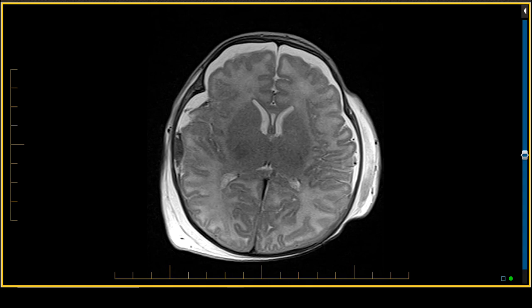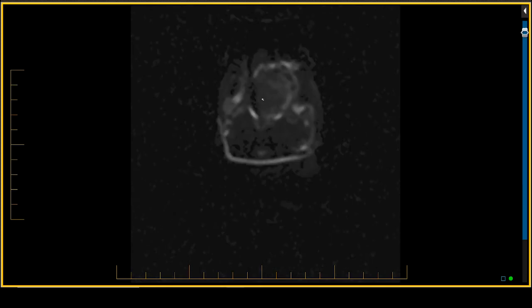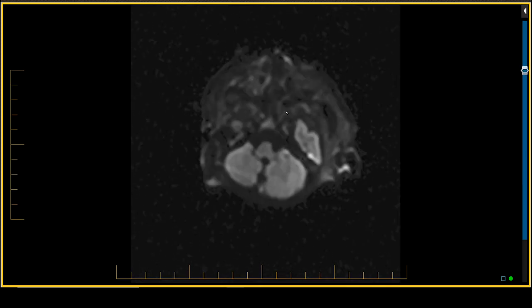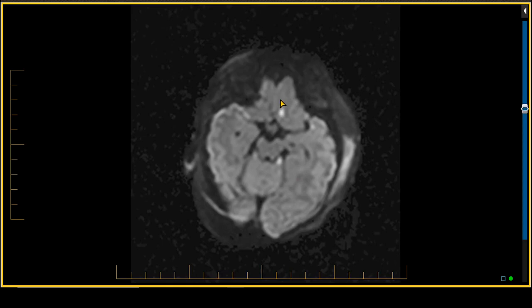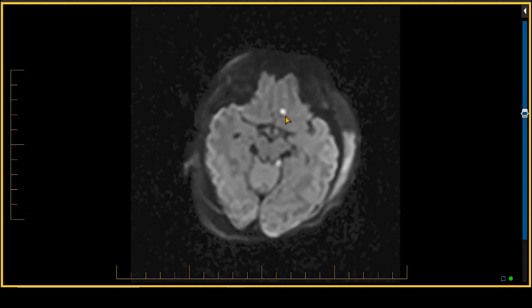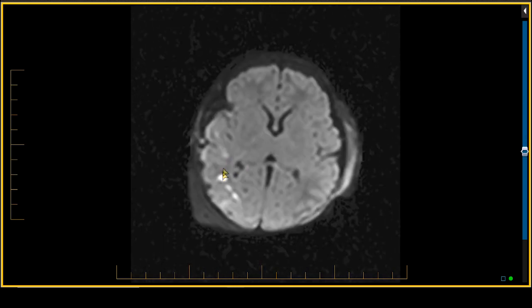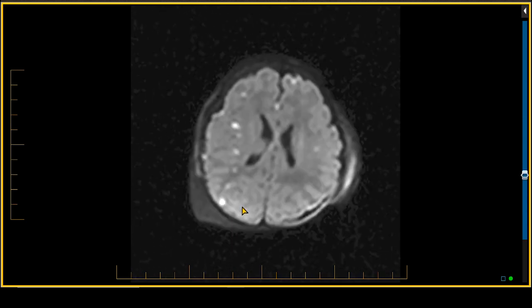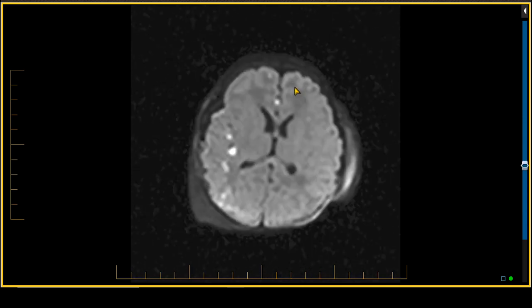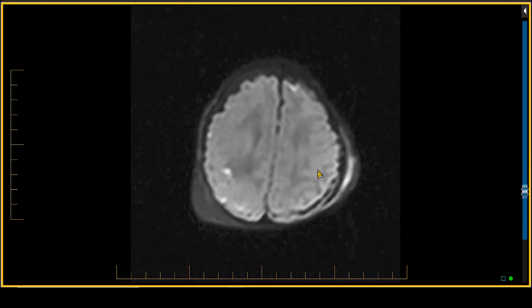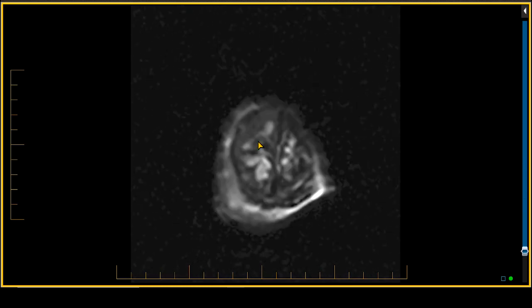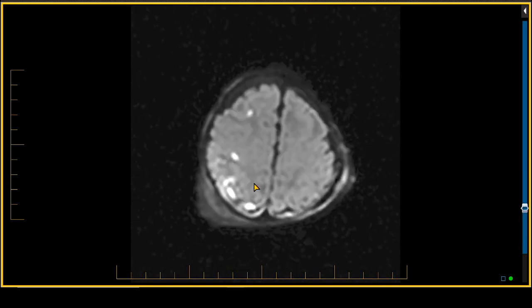Before I show the susceptibility weighted scan, which is usually the money scan, I do want to show the diffusion weighted scan. As I said previously, shearing injuries can lead to cytotoxic edema that is seen within the white matter. This is the trace image of the diffusion weighted imaging, and almost immediately you can see that there are areas of high signal intensity along the gyrus rectus region, in the subcortical white matter of the right posterior temporal lobe extending to the occipital lobe, in the frontal lobe on the left side, and in the high right frontal lobe and parietal lobe.